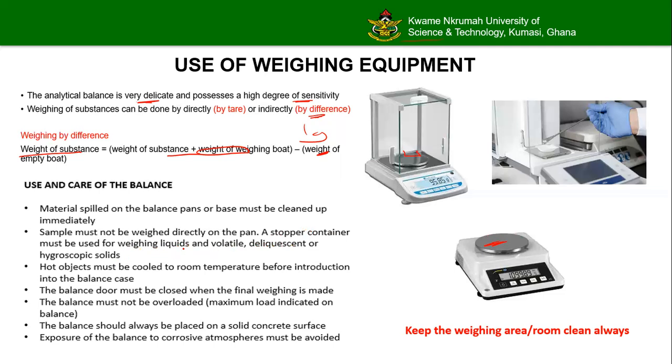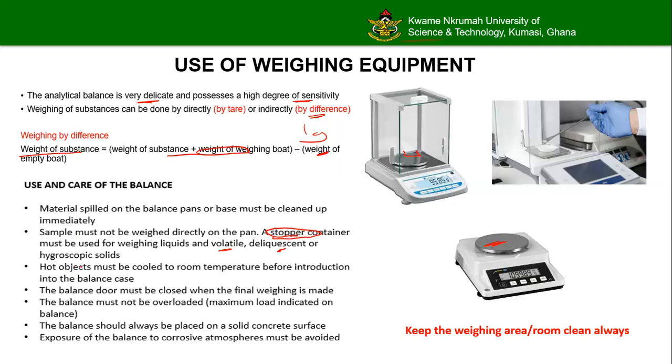So if the liquid is volatile, that is, if it can evaporate easily, if it's a deliquescent solid, that is, if it can absorb water to form a solution, or it is hygroscopic, that is, it can absorb water just to have water of crystallization, which might affect the weight, we are saying measure it in a container that is covered or stoppered. Very simple.